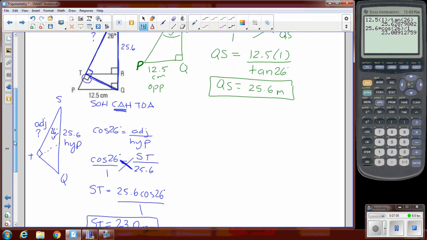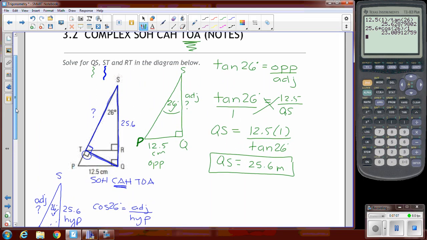So let's go back up and read what the other part we need to find. I'm going to clear my diagram just so I can start fresh. And I'm going to say in this question, and highlight what we need to look for. We're looking for RT. So RT is across the bottom, which probably means this triangle includes RT.